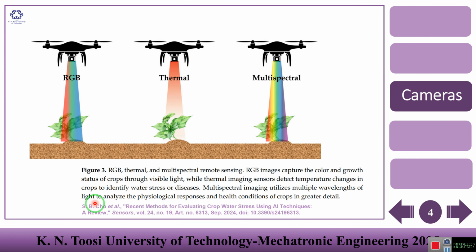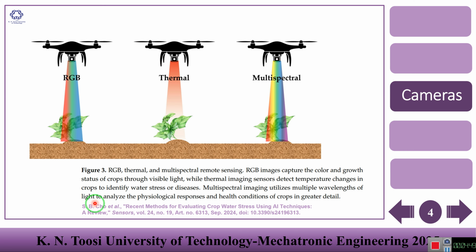So moving on to the next part, how do we get the data from the fields and the crops? We use cameras on drones, so we call it UAV imagery.